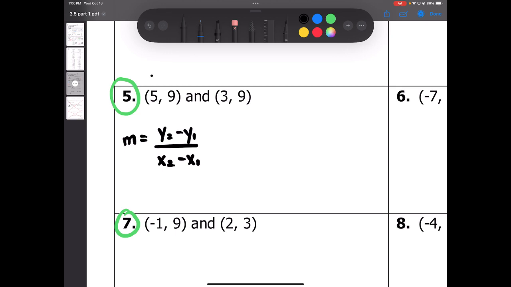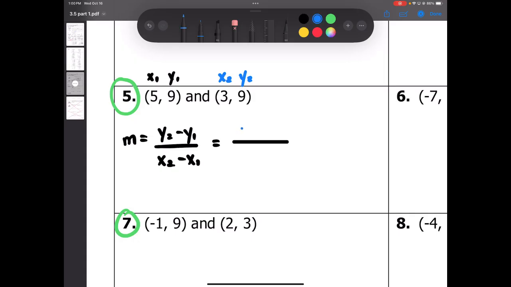The first one I should label what? X1. Keep it going. Y1. X2. Y2. If you got different colors, I highly encourage it because it's easier to look at, right?